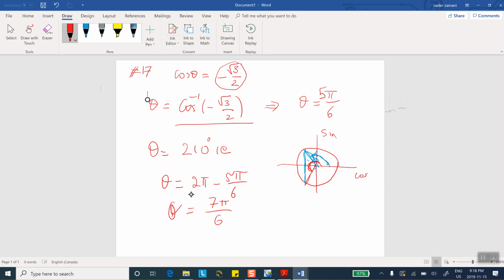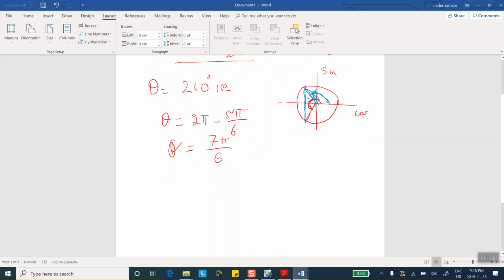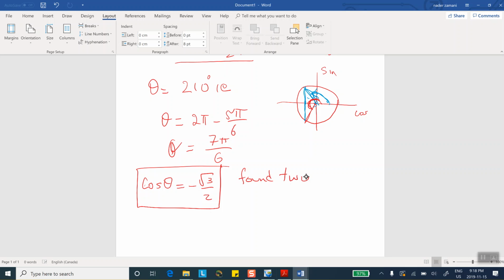So look at what happened. I was given this equation, cosine of theta equal to minus root 3 over 2. I found two solutions in one period of the function.